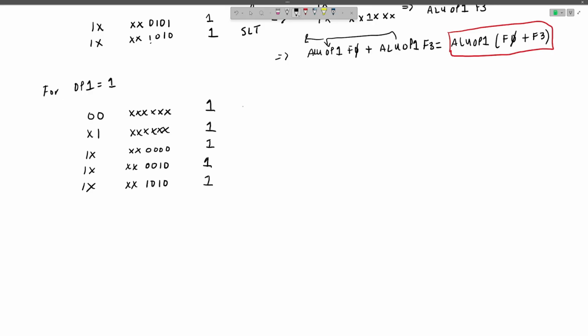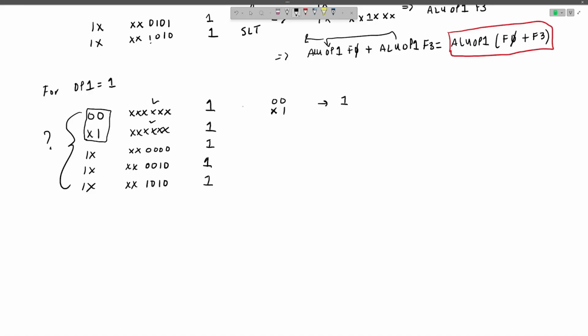So we have to see a pattern in all of them. What's the pattern? So let's see. These two, we have both don't cares. So we have to see if there's a way to combine them. So when we see 0 and x1, the output is the same for both.